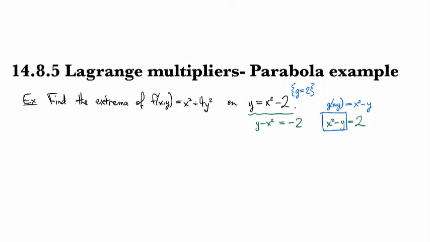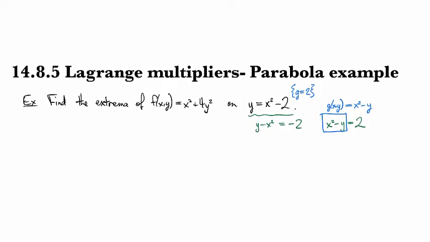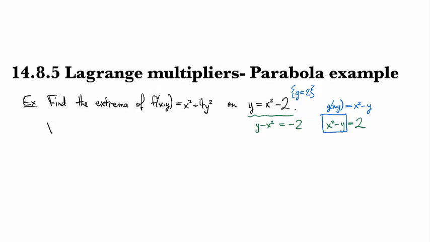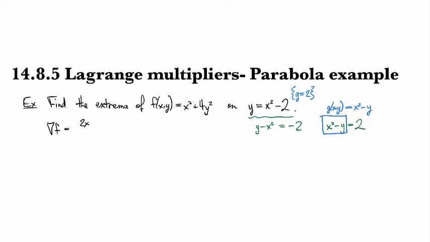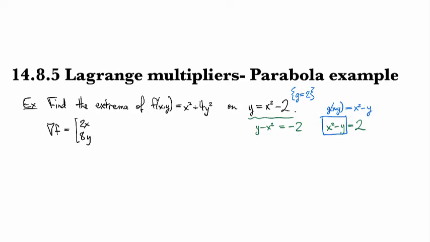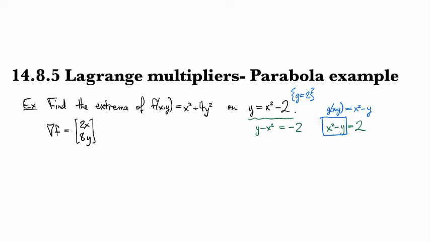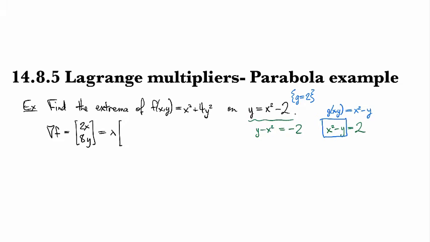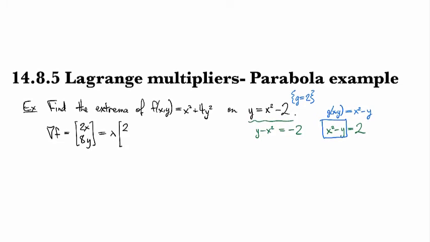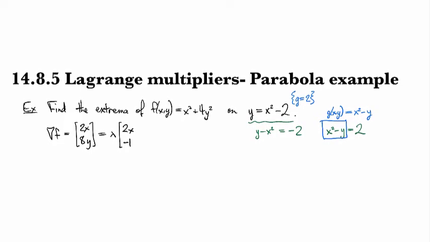All right, so now that I know what g is, I can take its gradient. So let's go ahead and do Lagrange multipliers. We'll take the gradient of f, so that's 2x, 8y, and we'll set this to be equal to lambda times the gradient of g, so that'll be 2x and minus 1.